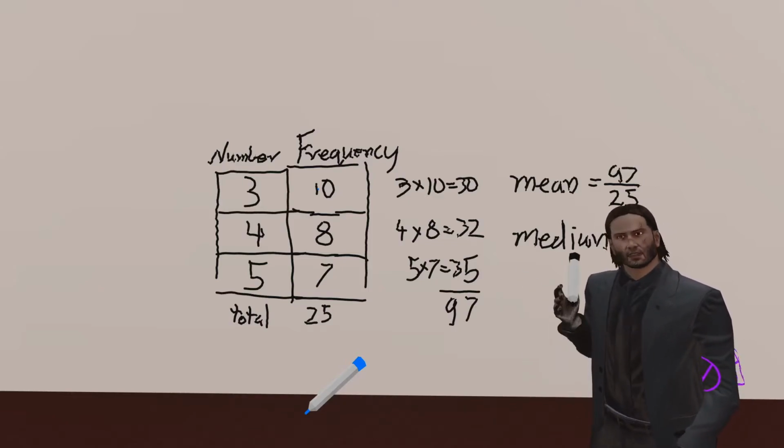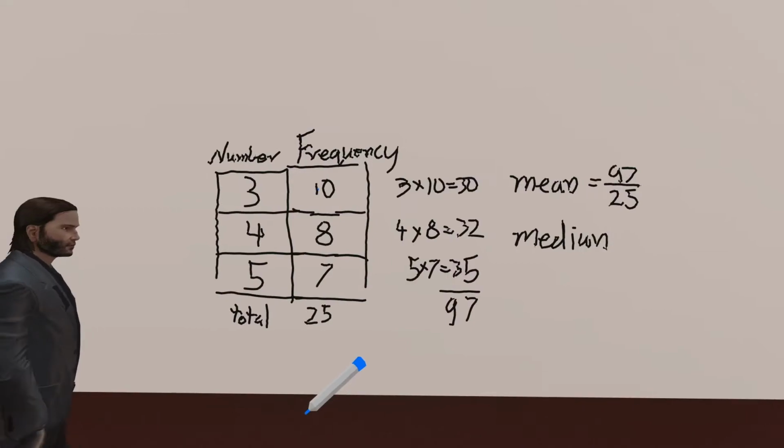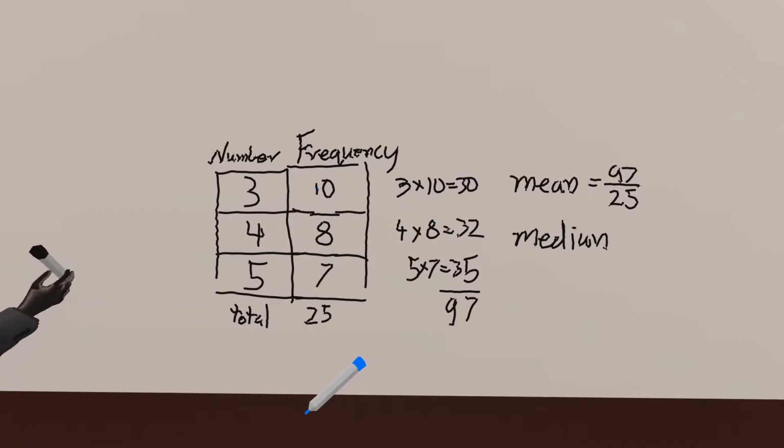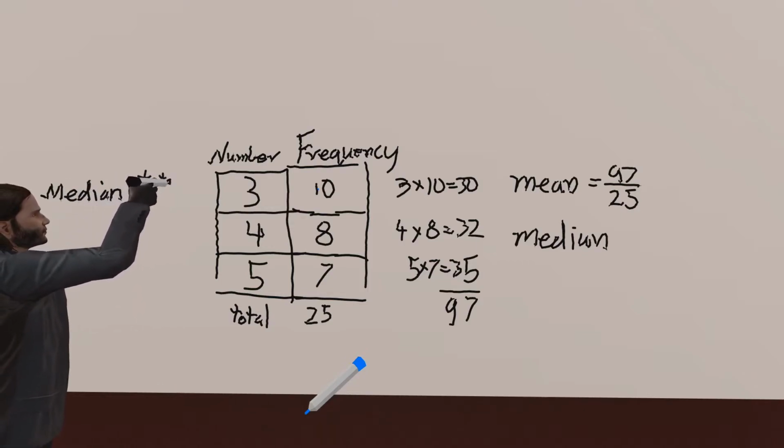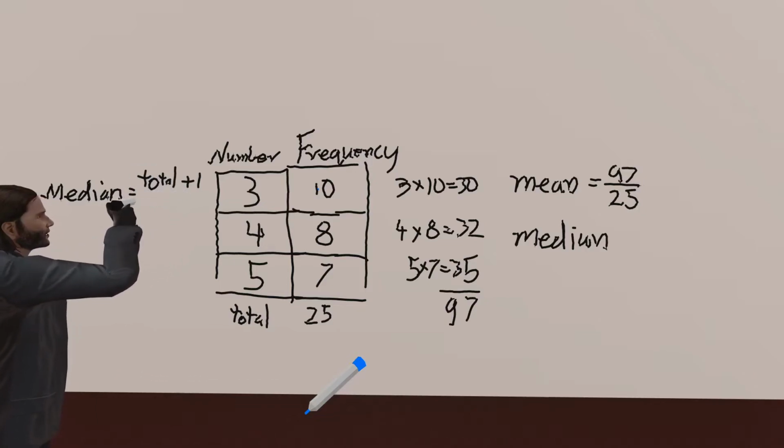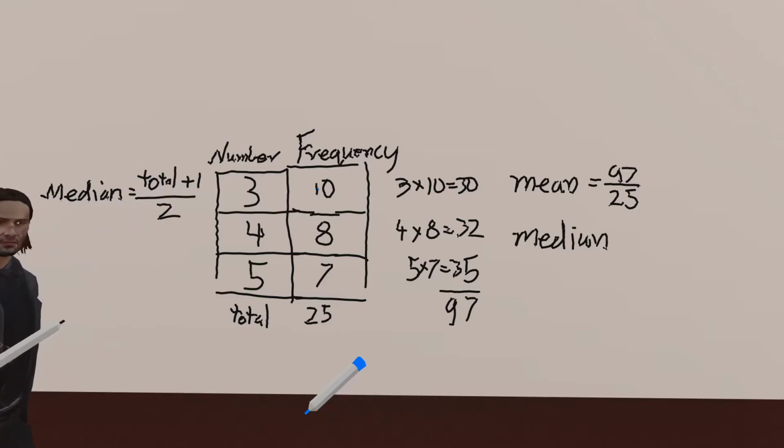So let's do this over here. So the formula for the median is total plus 1 divided by 2.